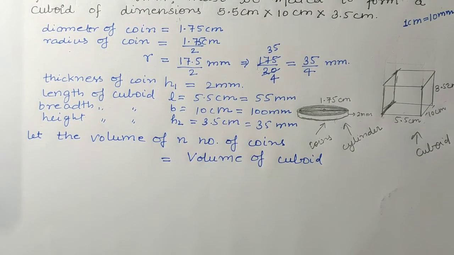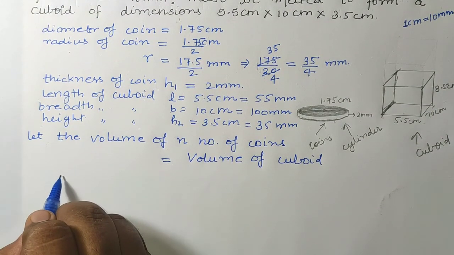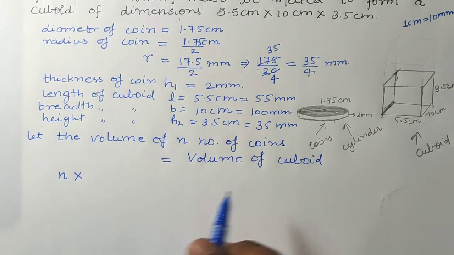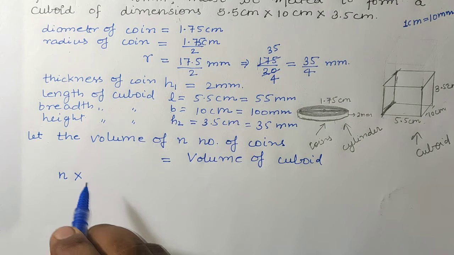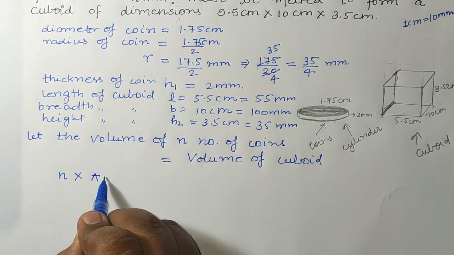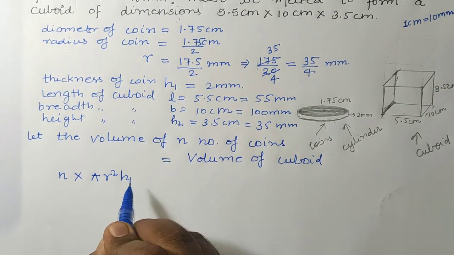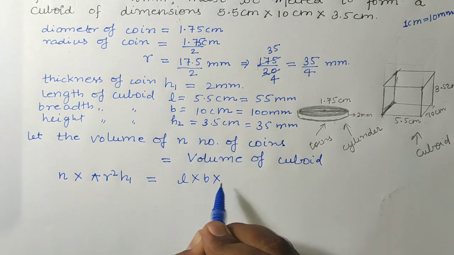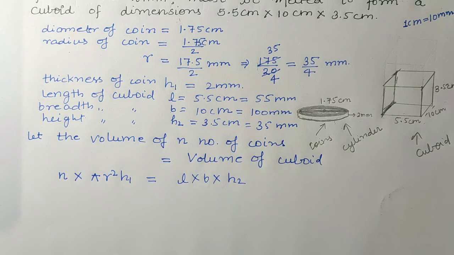So if there are n number of coins, then the volume of n coins will be n into, since the coin is in the form of cylinder, pi r square h1. And the volume of cuboid is L into B into h2. Now students, we will put all the values.